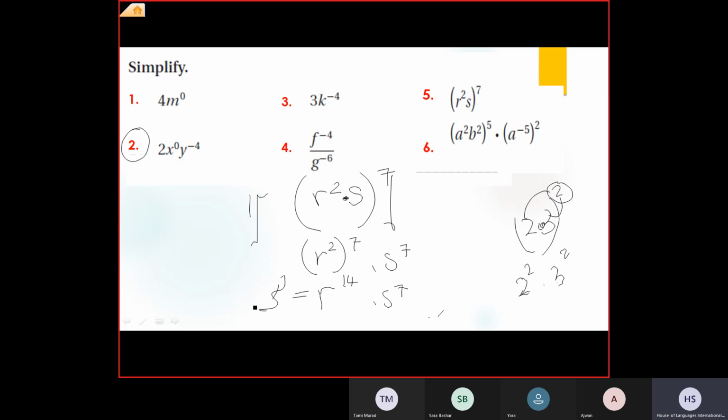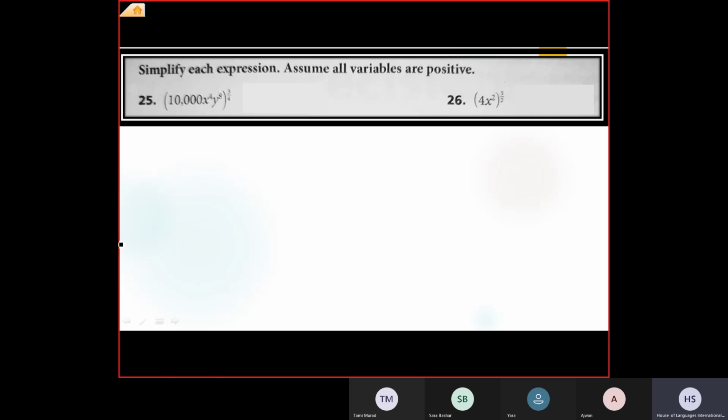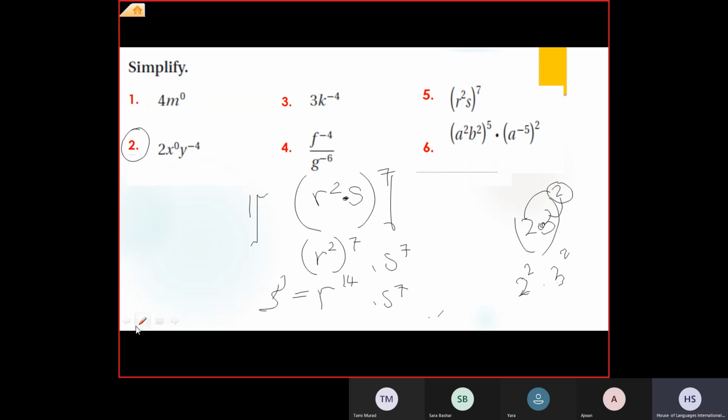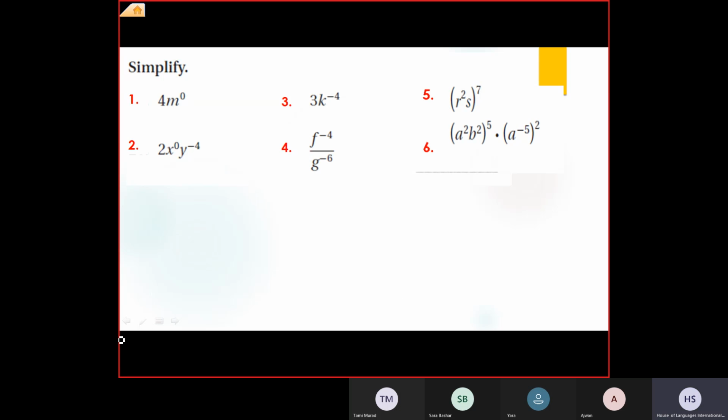We saw, girls, we saw the power 0. You can do number 2. Try.